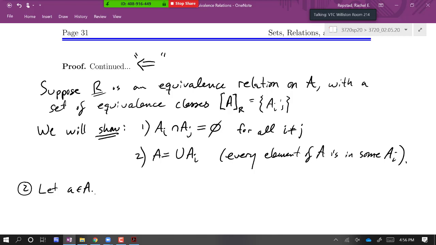So what we have to use is the fact that R is an equivalence relation. If I've grabbed a single solitary element of A and I know that R is an equivalence relation, what is it I can state about A? What is a property of an equivalence relation that we could apply to a single element? Reflexivity. It's reflexive, and what does that mean in this context?